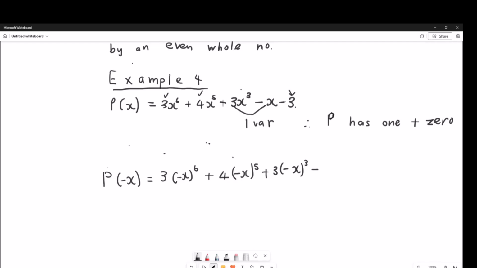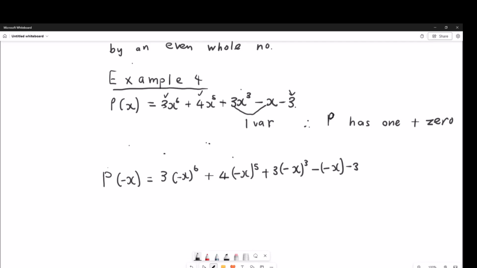And then x must be replaced by a negative. There's already a negative in front of it, and then I must put another negative x inside the bracket there. You guys can just verify my calculations. And of course, minus 3 is unaffected. It's a constant coefficient, so I don't anticipate that changing.